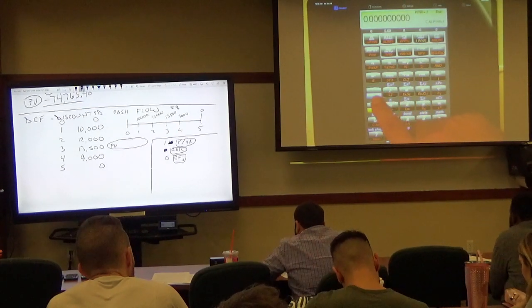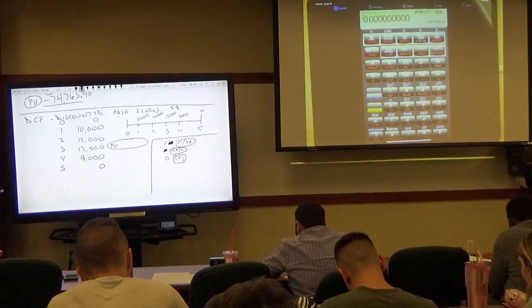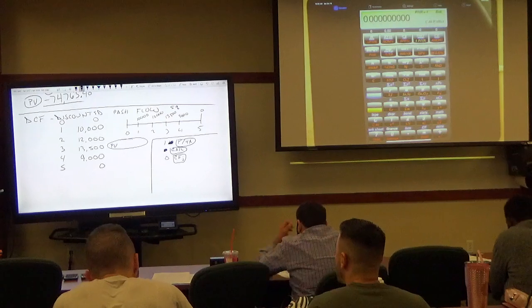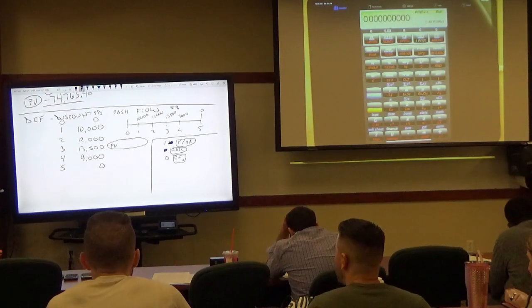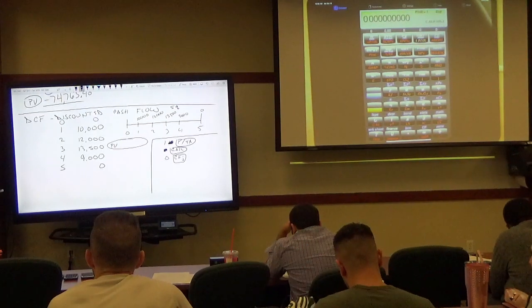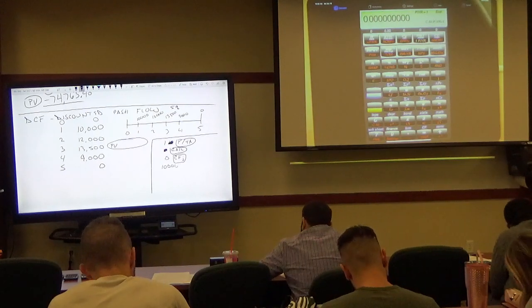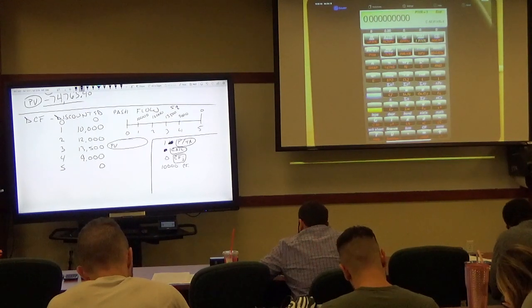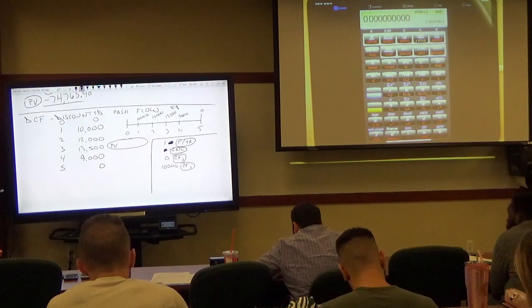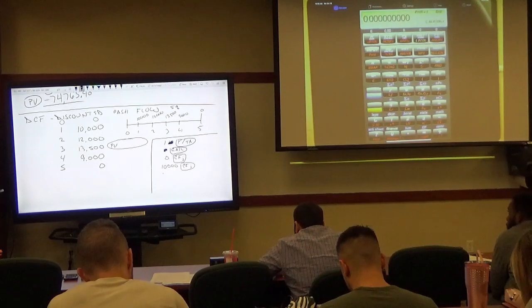Whenever you hit 0 and then the cash flow key, it's going to pop up in your display briefly, CF0, meaning cash flow for time period 0. Then we put in 10,000, hit that cash flow key again, and it should show CF1, meaning cash flow for year 1 or period 1.